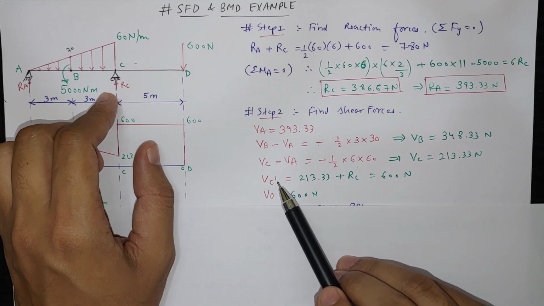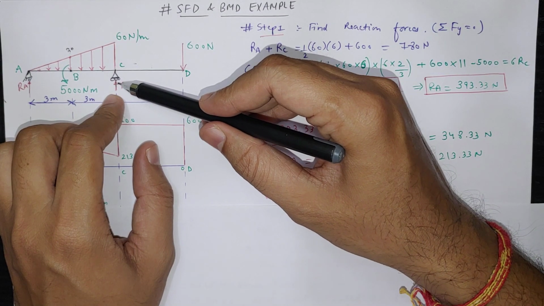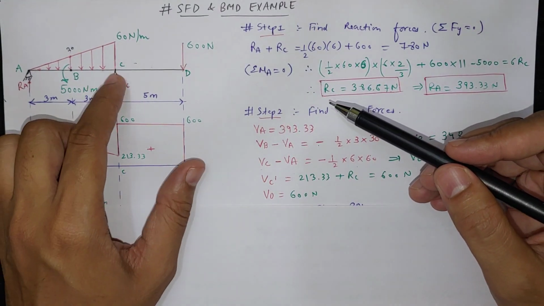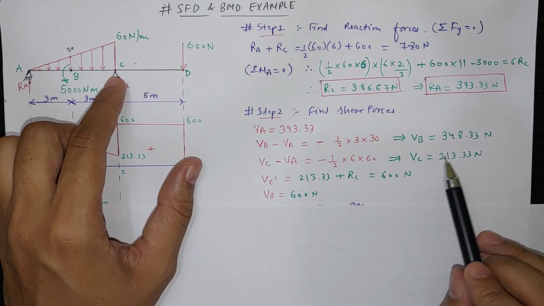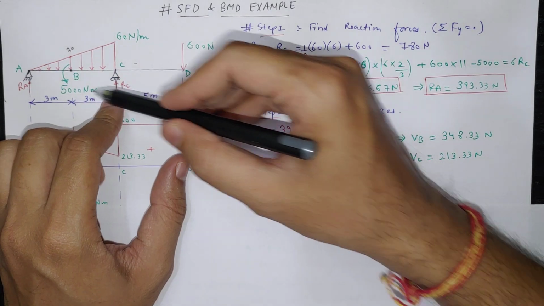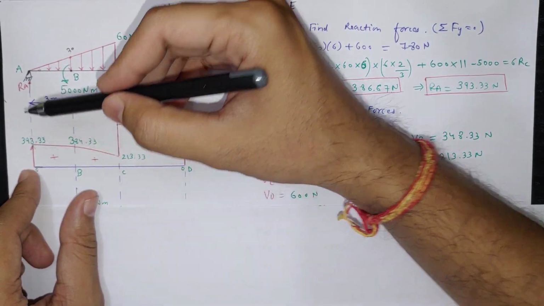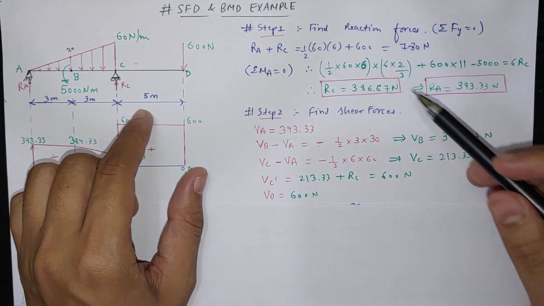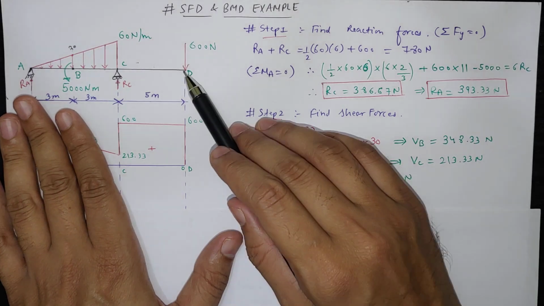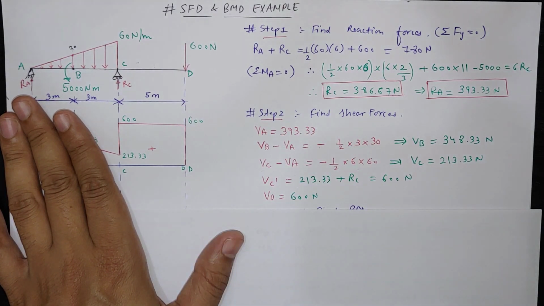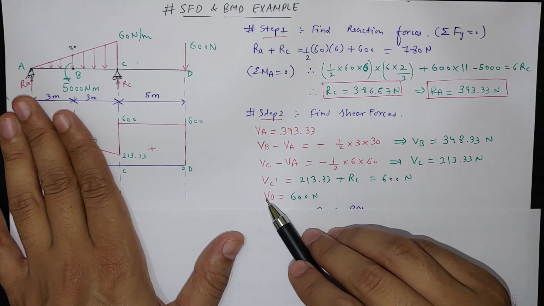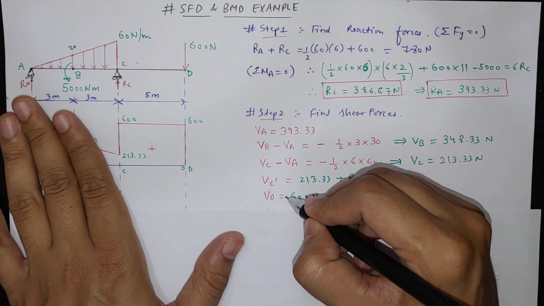Now VC dash is there because there is one reaction force, sudden change in shear force. VC dash will be equal to this VC plus the reaction force because both are positive. Here if you see RC, we are taking positive direction, upward is positive, downward is negative. So total will be 600 Newton, and at D point it will be 0 because this VC dash 600 and VD, that will be minus 600.